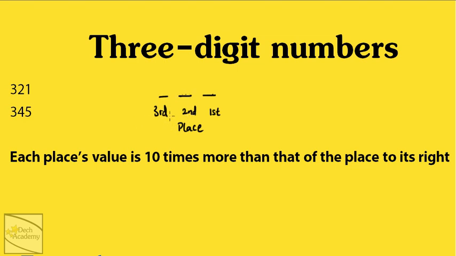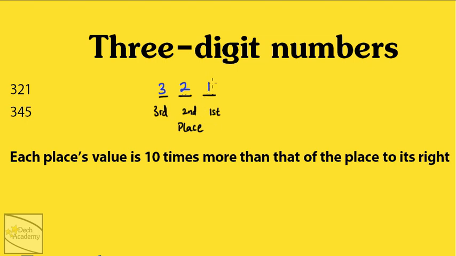What does that mean? So if in a 3-digit number like 321, it has 3 digits, 1, 2, 3. Or rather, this is one digit, this is another digit, and this is another digit. If I represent 321 here, what I'm trying to tell you is that yes, we have 3 digits, but each of these digits have values based on their positions.